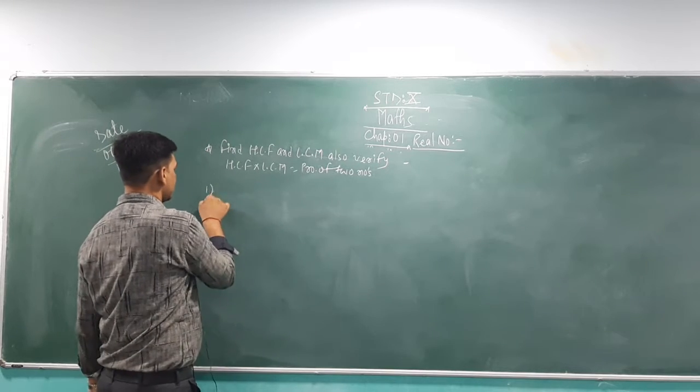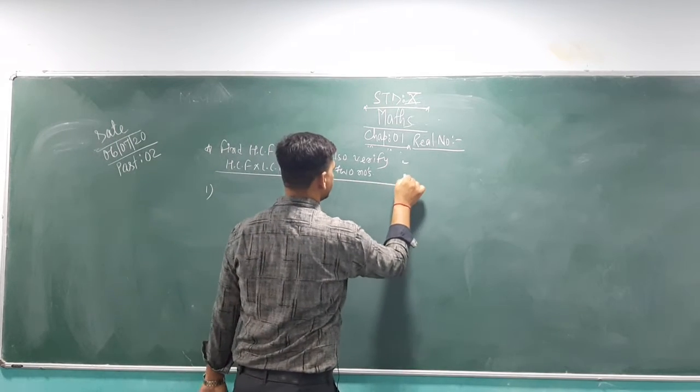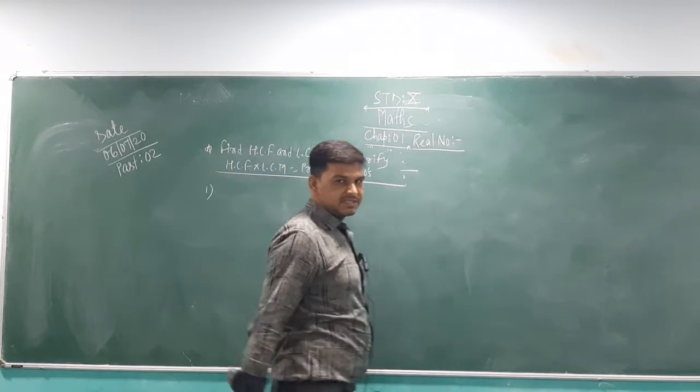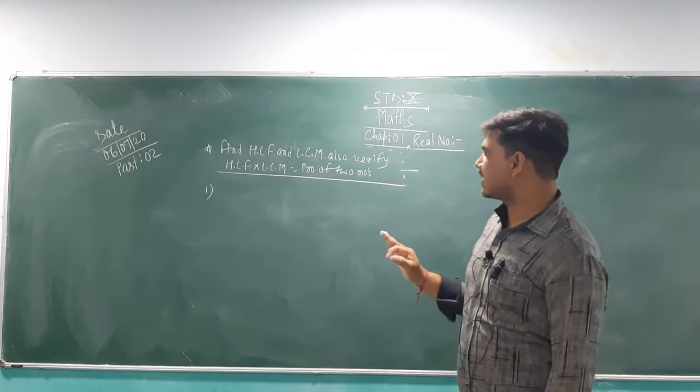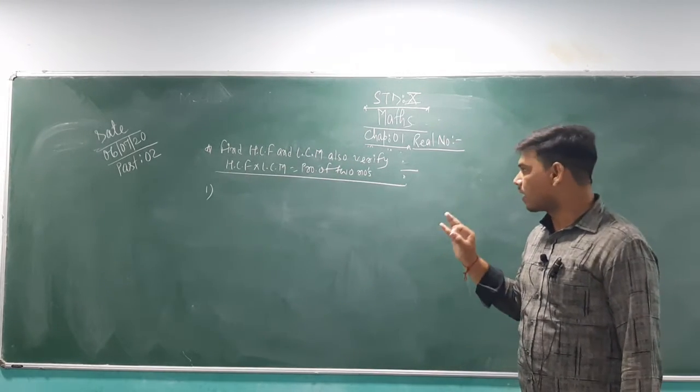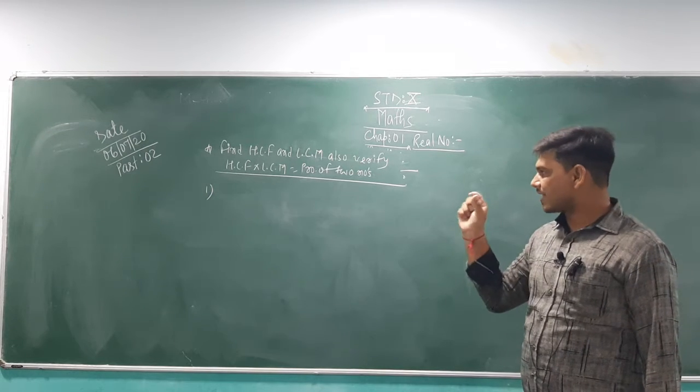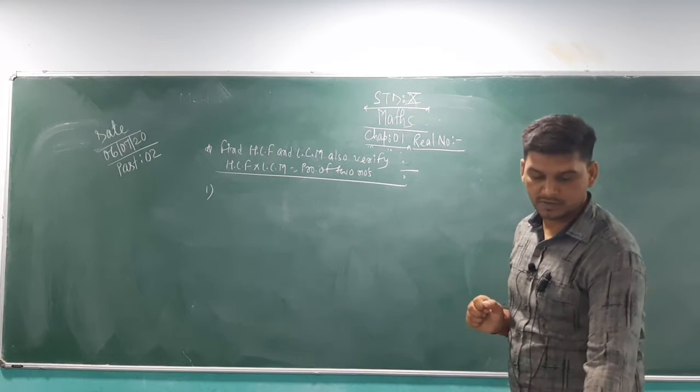That we have to find out. So this is the question: find the HCF and LCM, and also verify that HCF into LCM is equal to the product of two numbers.